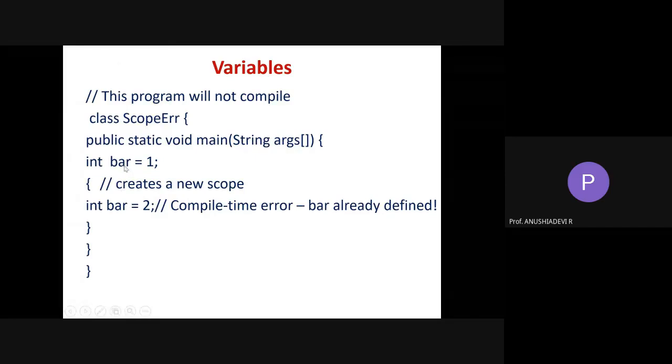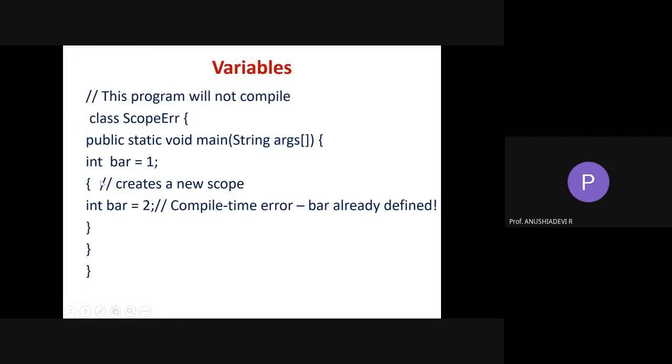But in Java, this will not compile, while in C++ it compiles properly. Java won't allow this type of variable declaration. It will show a compile time error: bar already defined. But in C++, it will work perfectly.